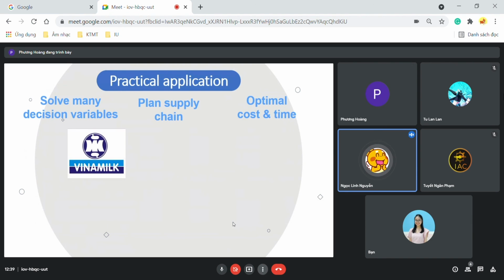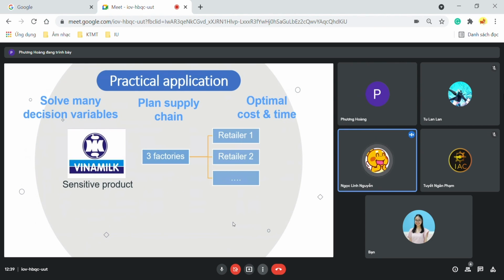Considering the application of the problem and model in real life, we will take the Vietnam Dairy Product Joint Stock Company, normally known as Vinamilk, as an example. The main products of the company are fast-moving consumer goods, which are sensitive in the consumption market. As a result, the issue of how to transfer that product fast and to the correct position becomes significant.